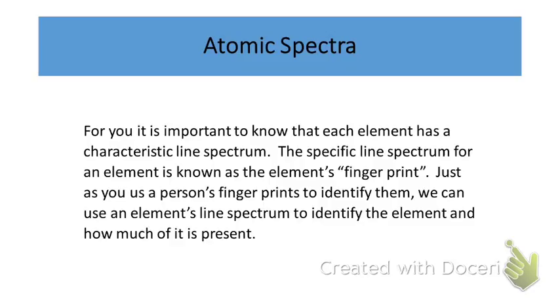All right, we went over this already a little bit, but real briefly, it is important to know that each element has a characteristic line spectrum. The specific line spectrum for an element is known as the element's fingerprint, just as you use a person's fingerprint to identify them. We can use the element's line spectrum to identify the element and how much of it is present.